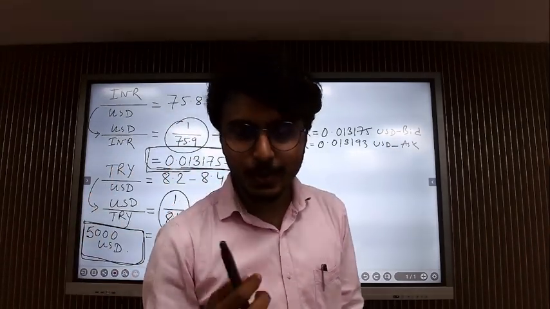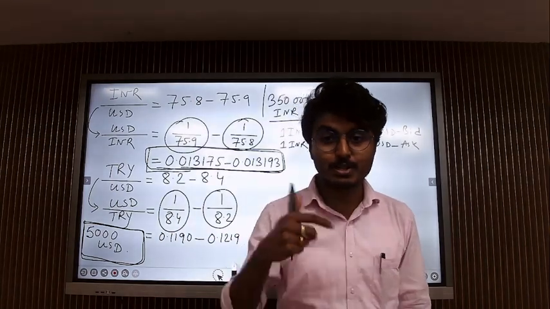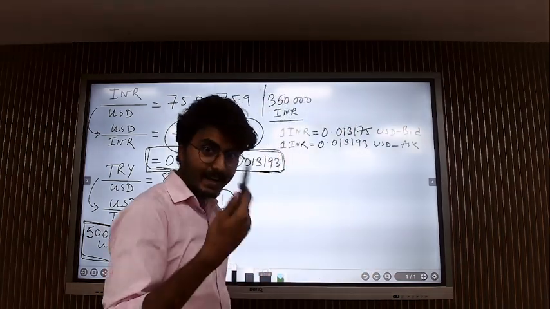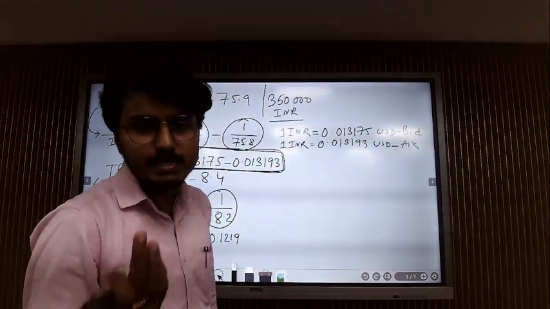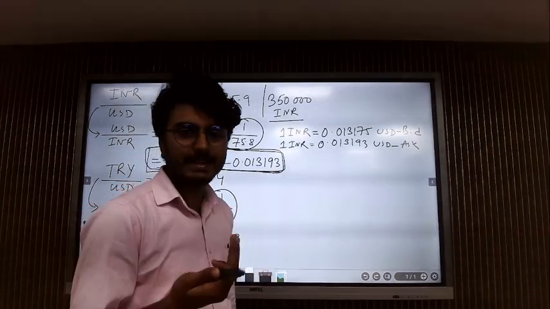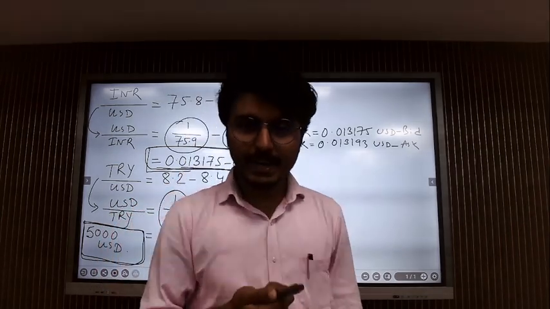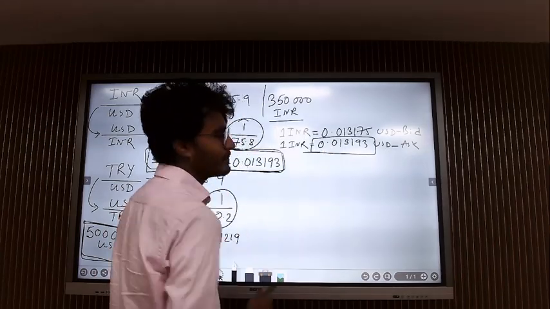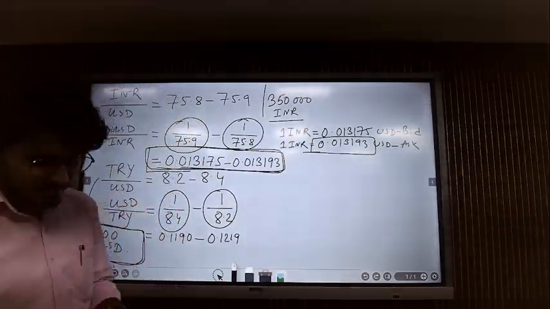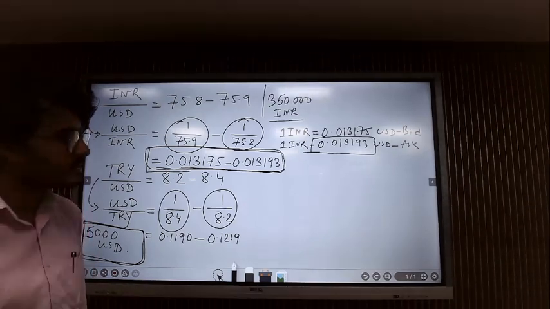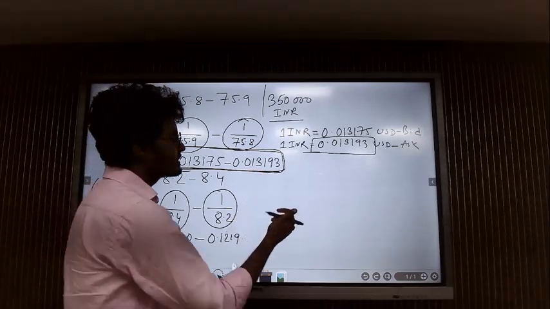So here, when a US citizen wants to buy INR, at that time indirectly the seller sells the INR, because the buyer wants to buy the INR, and that time the seller will sell the INR. So the ask rate will be applicable. So just calculate.